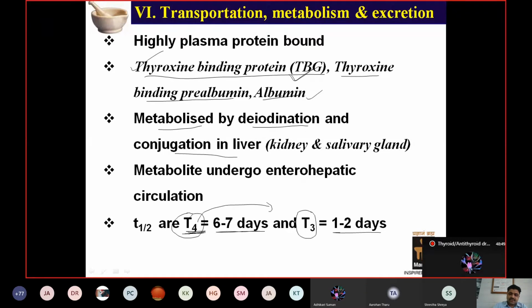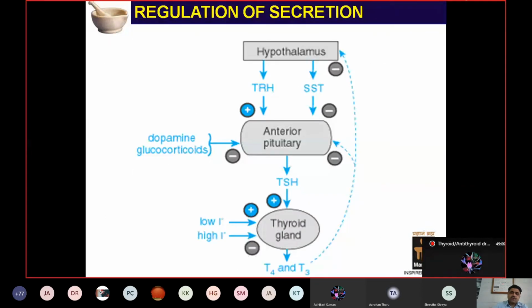It is converted to T3 and T3 will show the action. So T4 has a long action, the half-life is very long. T3 has a short one, even though it is 1 or 2 days, when we compare with T4, it becomes short.